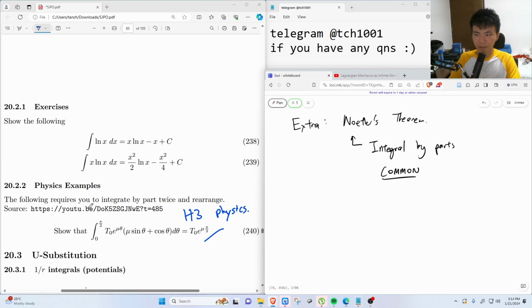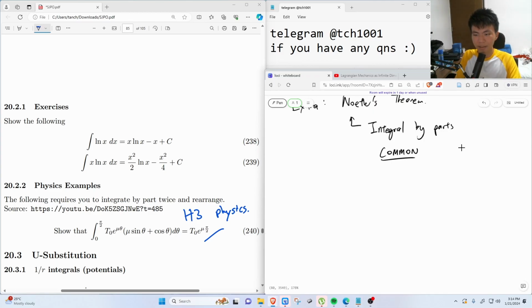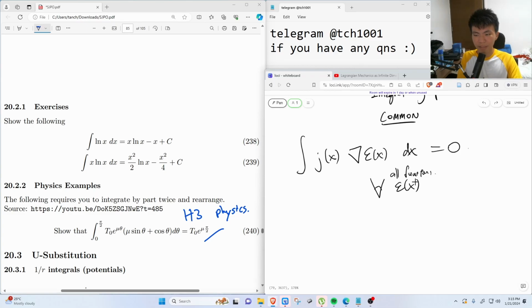And so what it usually looks like is that we have something like the integral of j of x times the derivative of some epsilon of x, dx. We usually say that this entire thing is equal to 0, for all functions, right? And we use integral by parts in this scenario to say that this is equal to some boundary term, which is usually cancelled, minus the integral of the derivative of j times epsilon of x.